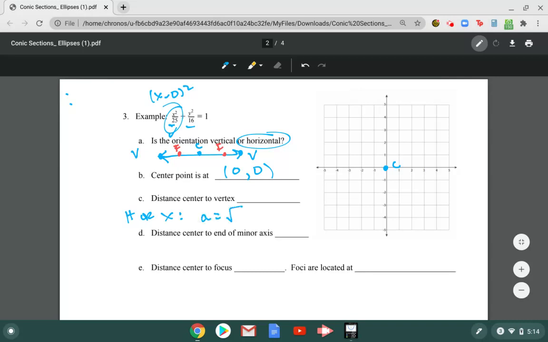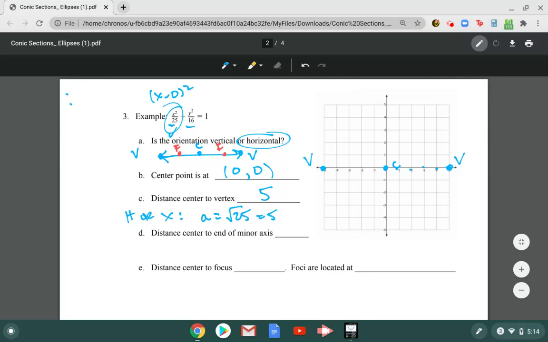So a is the square root of 25, which is equal to 5. If I want to get to a vertex, I've got to go 5 in the x direction from the center. 1, 2, 3, 4, 5. There's one of my vertices. And then 5 in the negative x direction gets me to another vertex.